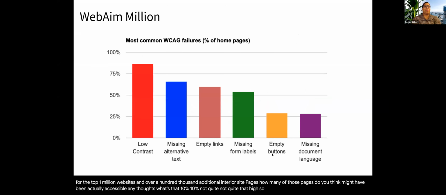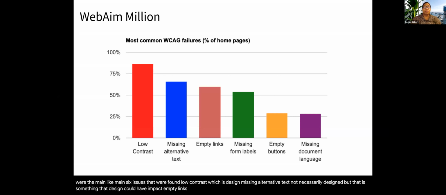So these were the main 6 issues that were found. Low contrast, which is design. Missing alternative text, not necessarily design, but that is something that design could have impact on.